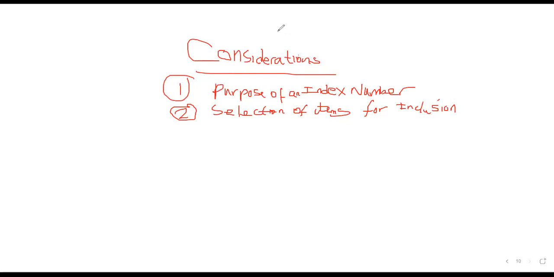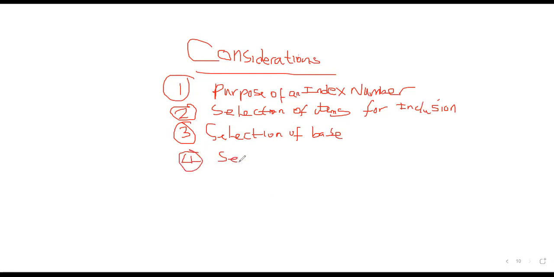So number 3, selection of base year. Then the fourth one, selection of appropriate weights.